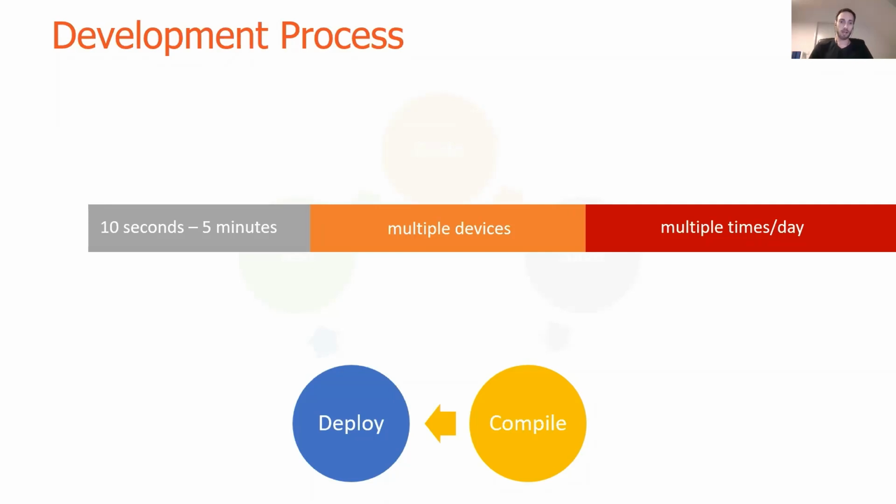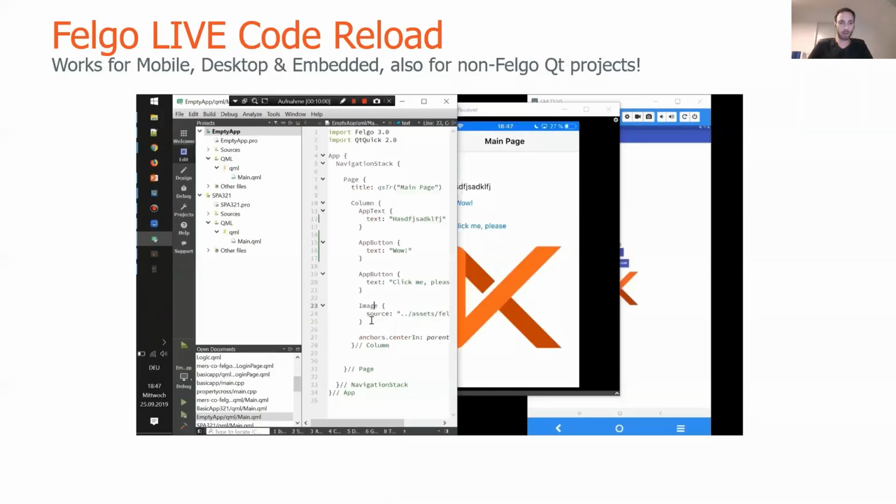That's why we created a solution for that problem, called Felgo Code Reloading, which brings the whole deployment and testing process down to just 2 seconds. So how does that work? Felgo Code Reload is a standalone application that is added in addition to your Qt Creator environment. You can see it here, integrated directly into Qt Creator with the green arrow saying Live.